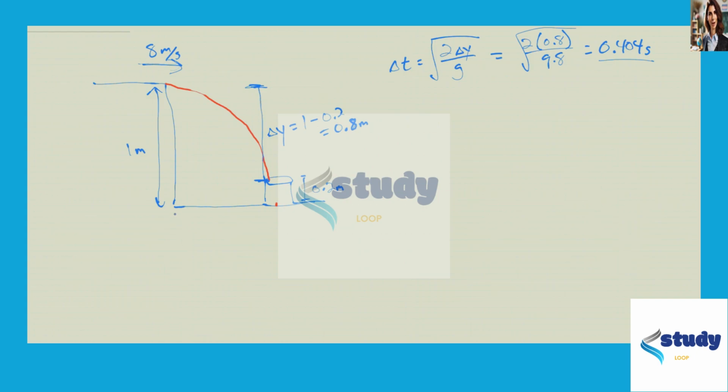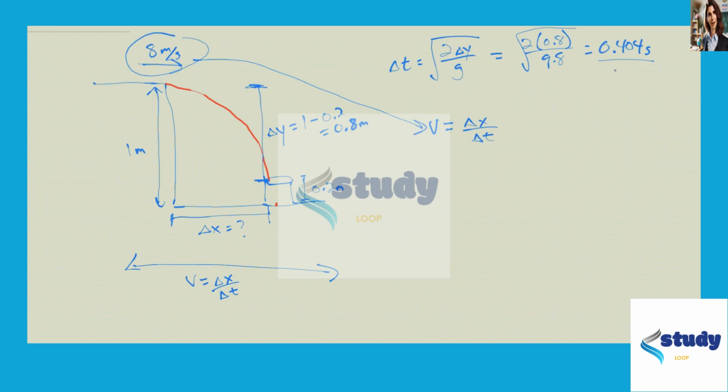So now I can use my velocity and solve for the distance, right? Because in the x dimension, the only equation that applies is velocity is displacement over time. There's no acceleration in this dimension. So I'm going to take my time. I know velocity is delta x over delta t, and I've got the velocity here, and I'm going to plug in my time here, and I can solve for delta x.